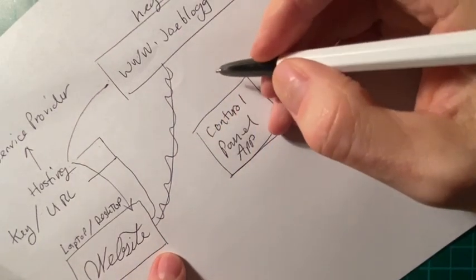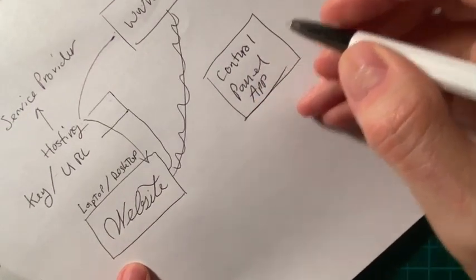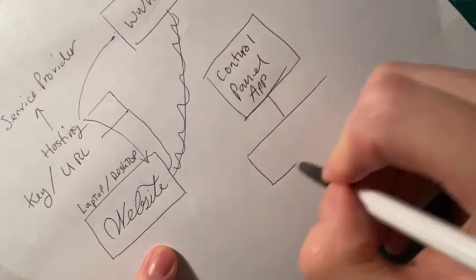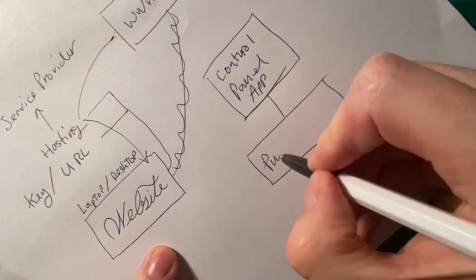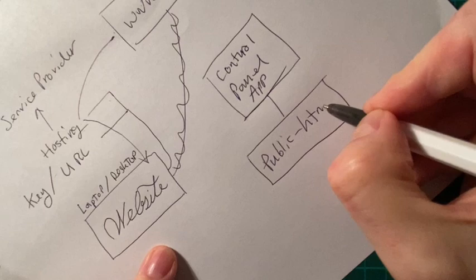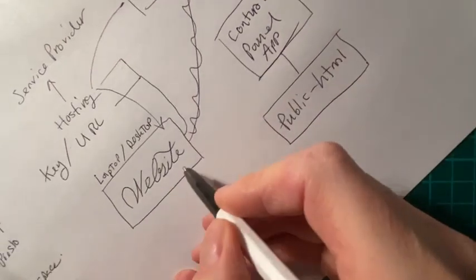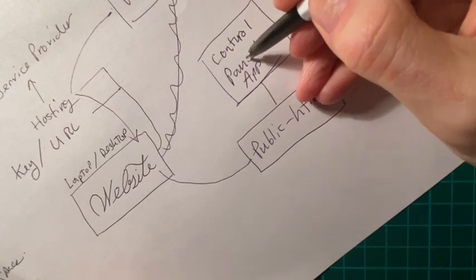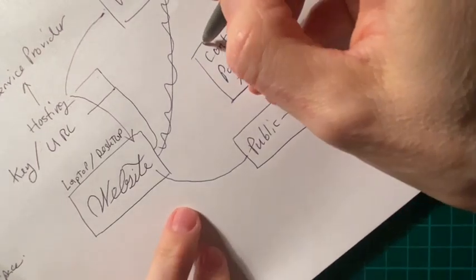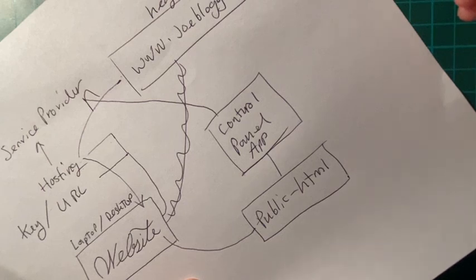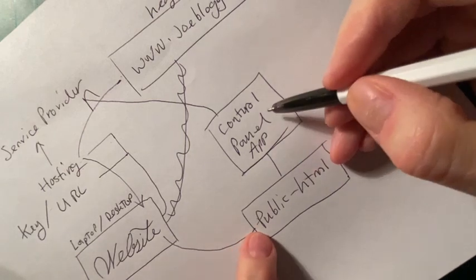And inside this is where you will find a folder called public HTML. You're going to upload your website to this, okay? And that's inside your control panel, and that's inside your service provider. Is that making sense?